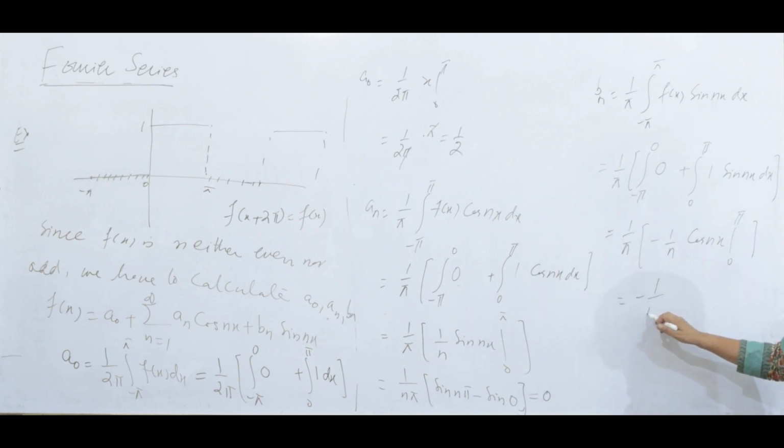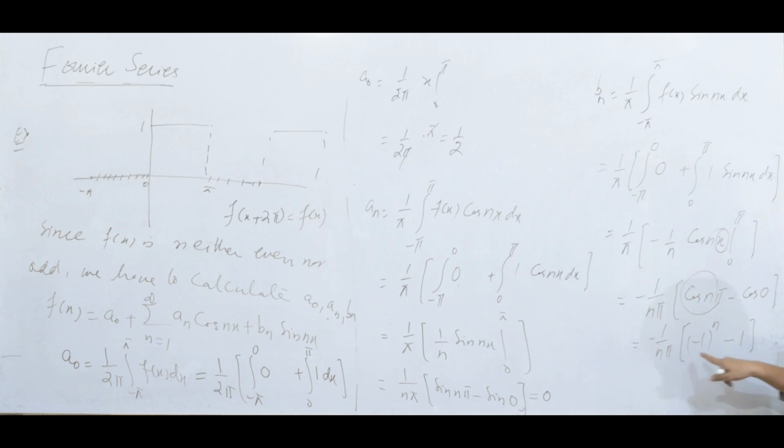This becomes minus 1 over n pi outside, upper lower limit on x. So this is cos n pi minus cos 0. So it is going to be minus 1 over n pi there. Whenever cos n pi, write down minus 1 raised to the power n, and cos 0 is 1.